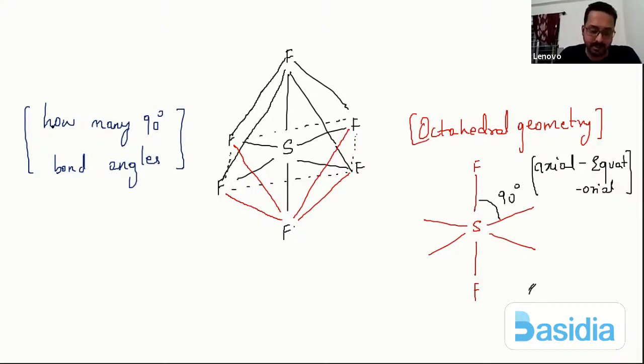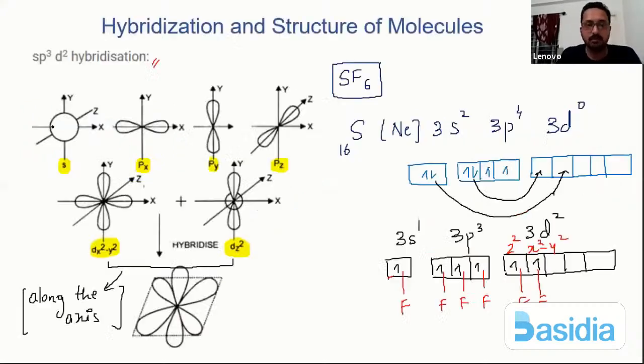You have to identify what the bond angles are, or how many 90-degree bond angles are possible. Clear? So this is all about the SP3D2 hybridization. I repeat, this is all about the SP3D2 hybridization.